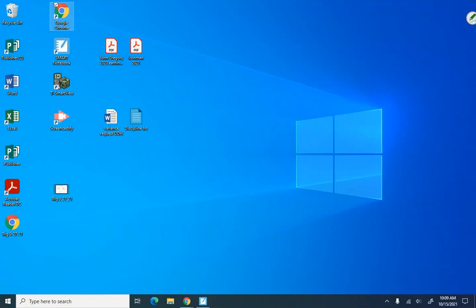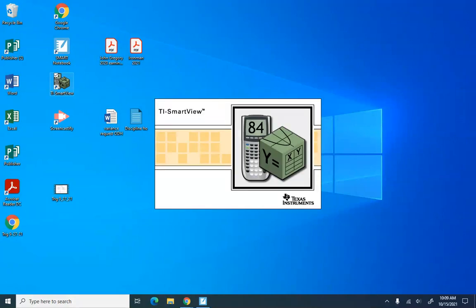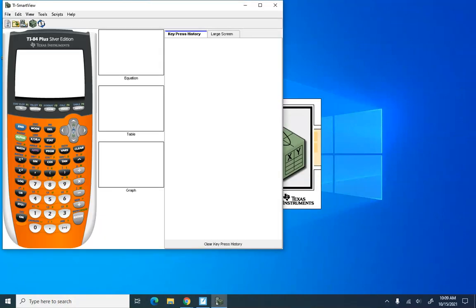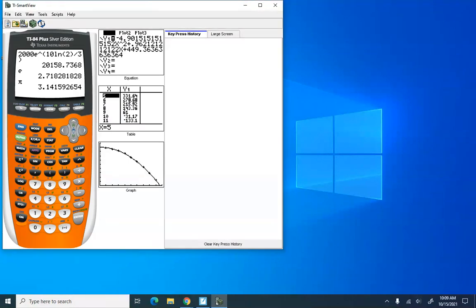But if you need to fall back onto something, and it is fine, your calculator will reduce a fraction for you. Suppose you had 240 degrees over 180 degrees, 240 over 180, and you want to reduce that down.